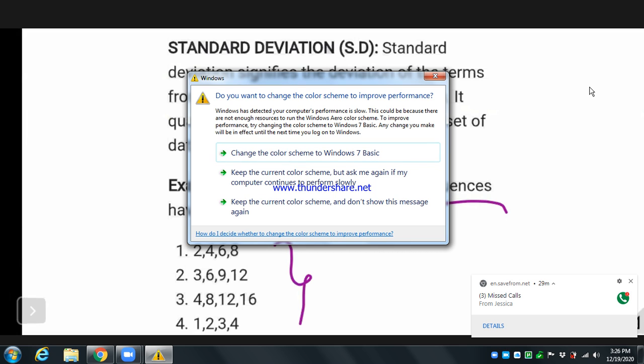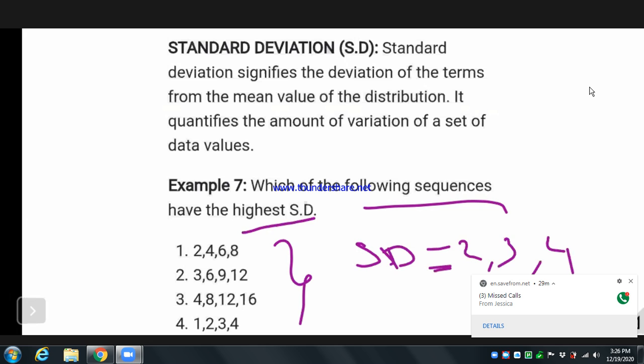Yes, 4, 8, 12, 16 has the highest standard deviation. The standard deviation for the first one is 2, second one is 3, third one is 4 and fourth one is 1. The third one has the highest standard deviation, 4, 8, 12, 16.